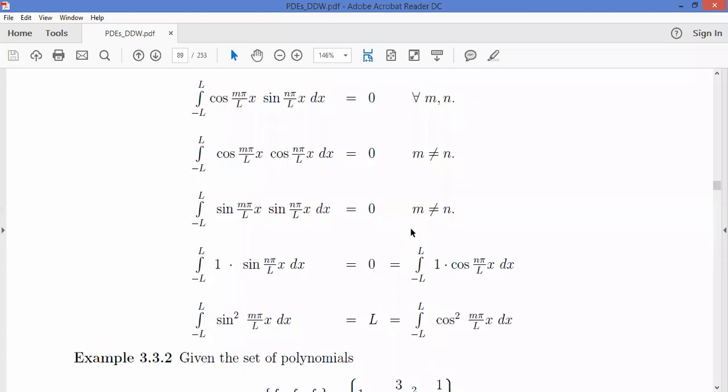If you have a cos, you have sine. Here you have 1 and sine, that will be 0. Then you have 1 dot cos. Because if you have only one function, sine, then in terms of an inner product, the other function is 1. 1 is like silent.